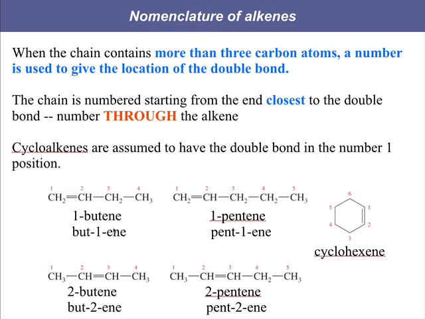In the naming system for alkanes, you always preceded the functional group with the number carbon that it's on. So in this case, we're doing the same thing. We're preceding the functional group with the number that it's on. So but-1-ene or pent-1-ene or but-2-ene or pent-2-ene.